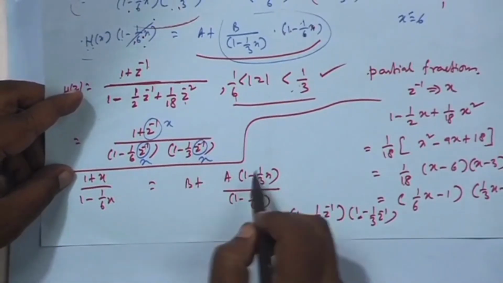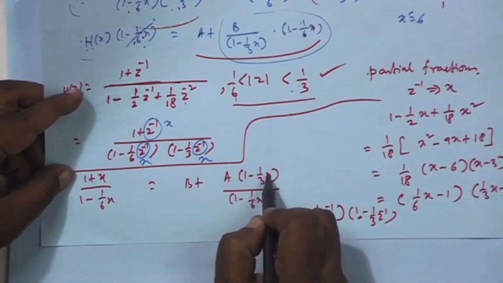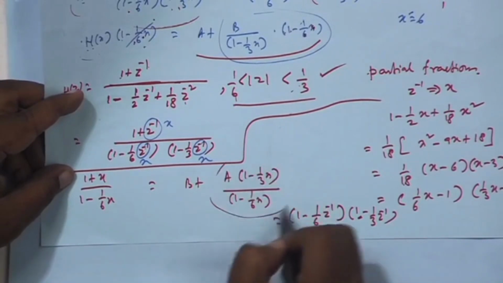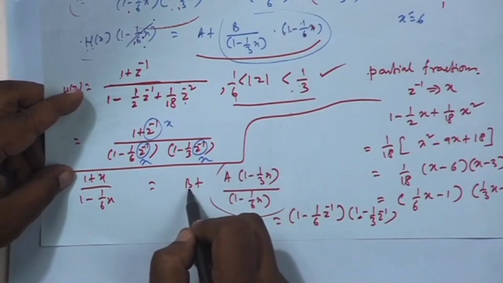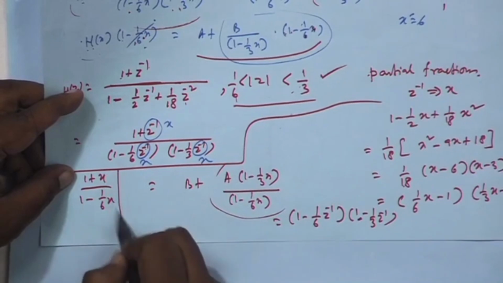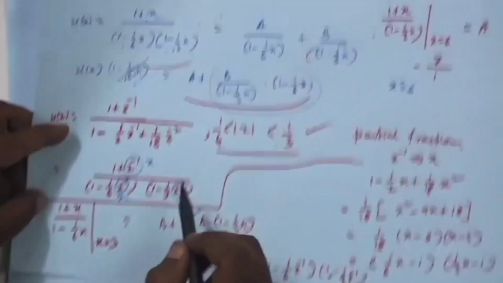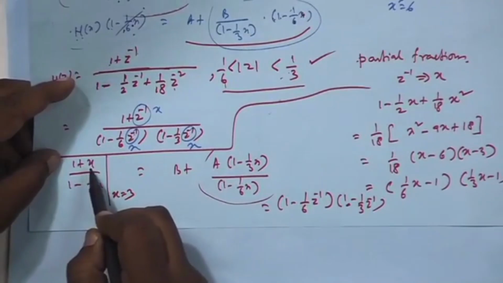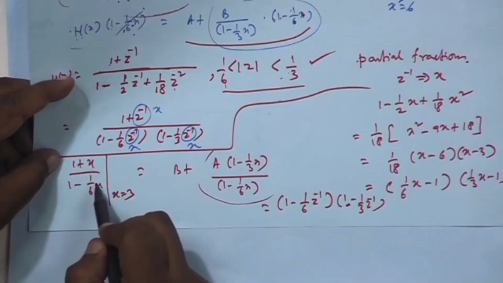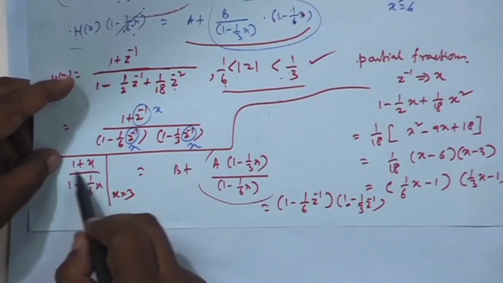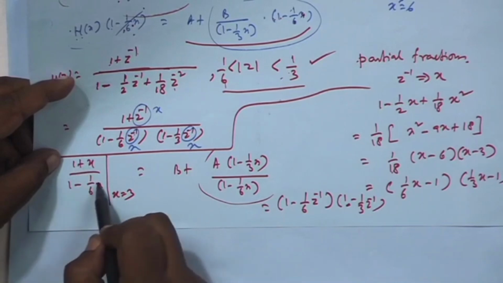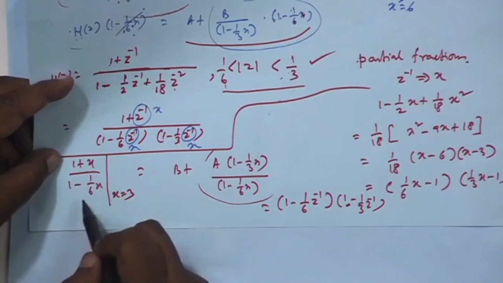Now, right hand side, if x is 3, 1 minus 1 is 0, this part becomes 0, I am left with B. So, right hand side, if I also have to put x equal to 3, that will give me B. How much is B? If you put 3 here, 3 plus 1 is 4, divided by 1 minus 18, so B is minus 8.